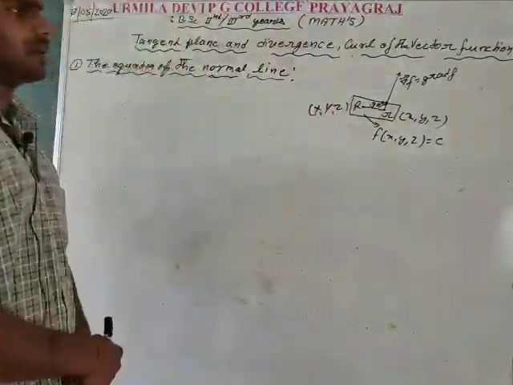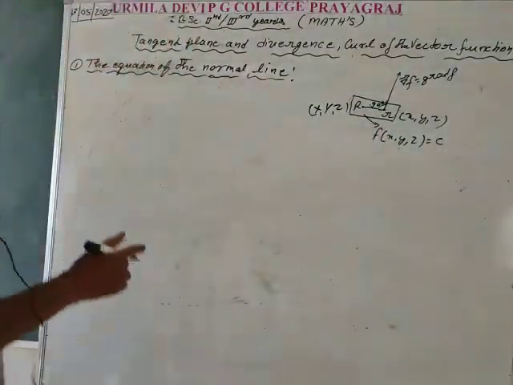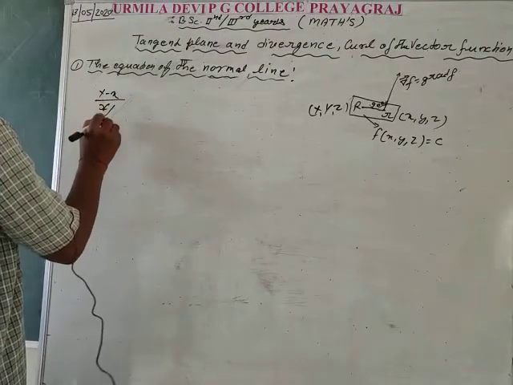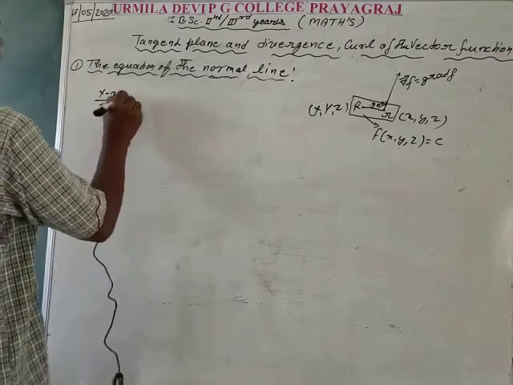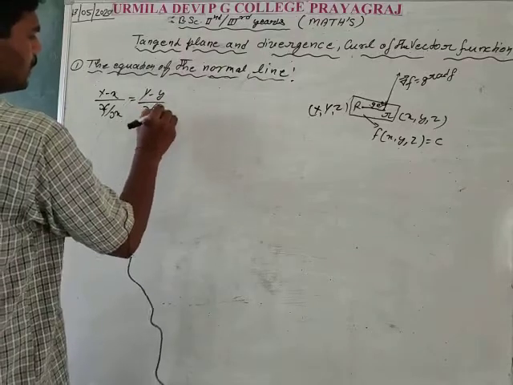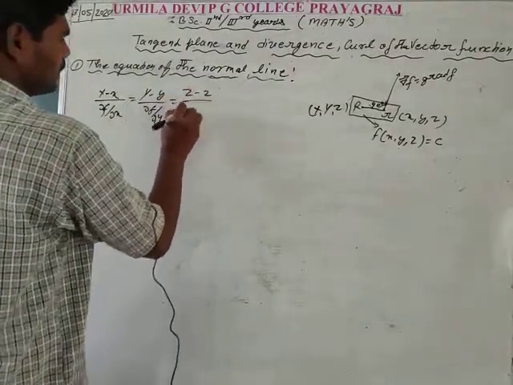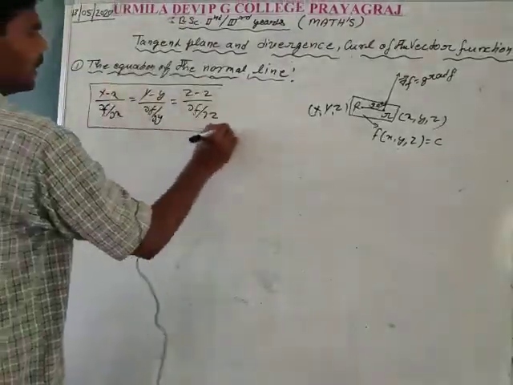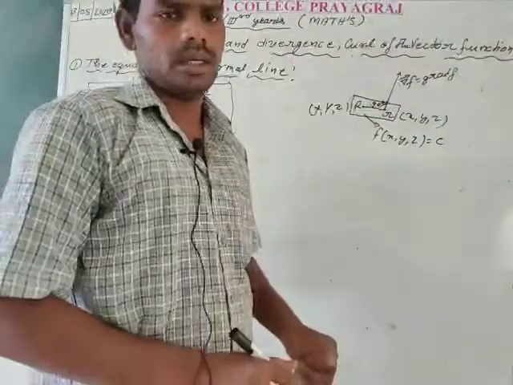Here consider the normal line equation at the point R, whose equation is (capital X minus x) by del F by del X equals (capital Y minus y) by del F by del Y equals (capital Z minus z) by del F by del Z. This is the equation of the normal line at the given point small r (x, y, z).